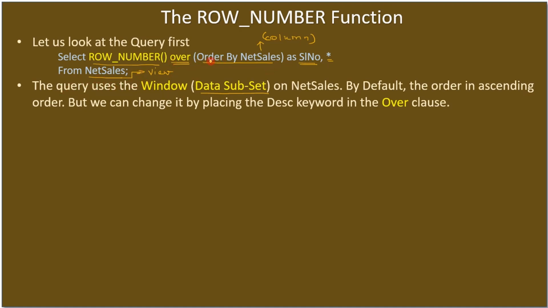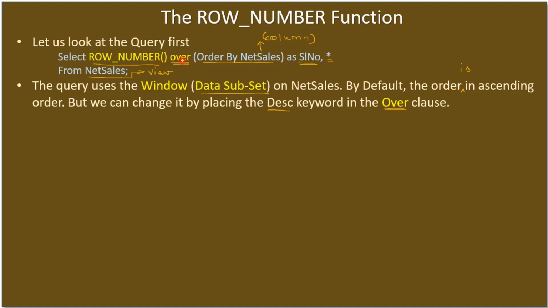Here we use ORDER BY in the OVER clause of windowing. So by default the order is ascending in the above query, but we can change it by placing the DESC keyword in the OVER clause.